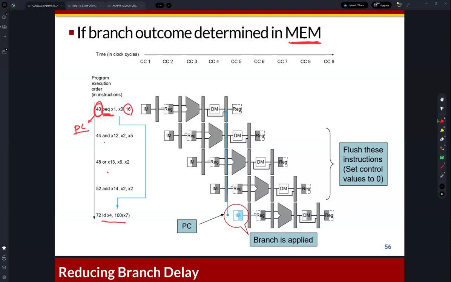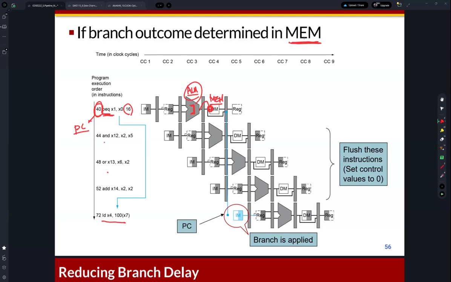But as I explained, the condition of the BEQ is computed by comparing the two source registers in the ALU, and the ALU takes one clock cycle because of the delay of the ALU. So actually, the result is given to the memory stage, and then we can use the result of the branch instruction.